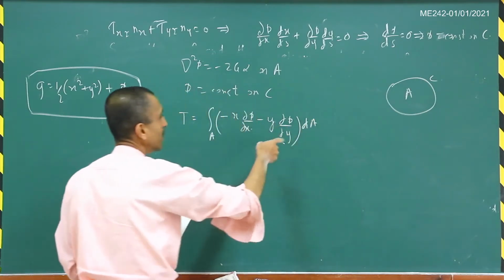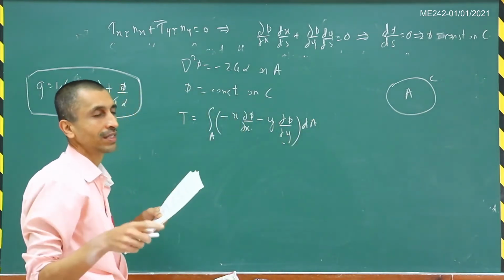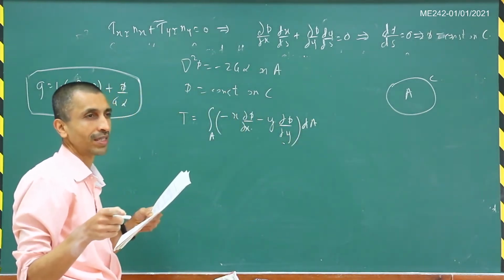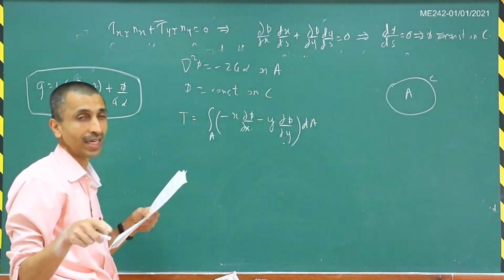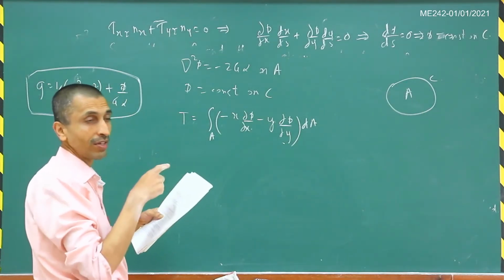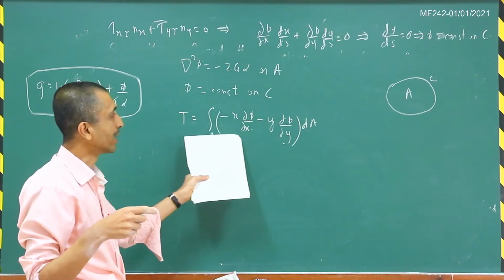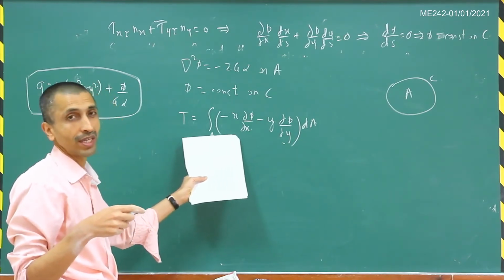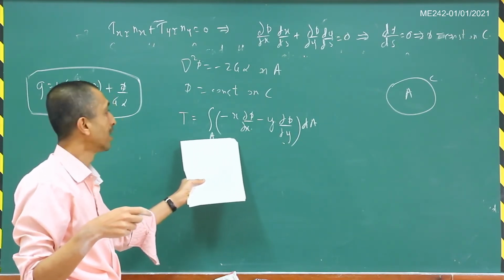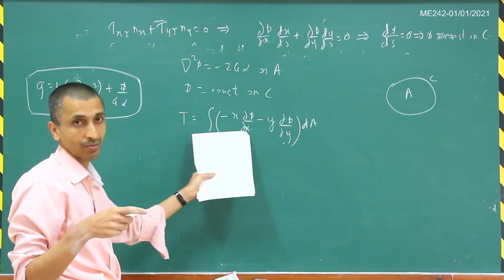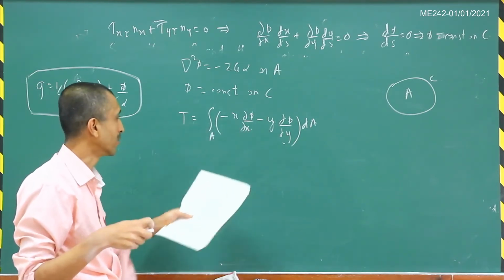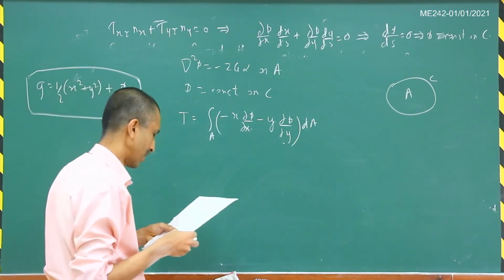This expression is that y times tau xz minus x times tau yz, integral dA, so that I derived in the last class. All I am doing is substituting the expressions for the stresses in that particular expression, and then we will get this particular expression here.